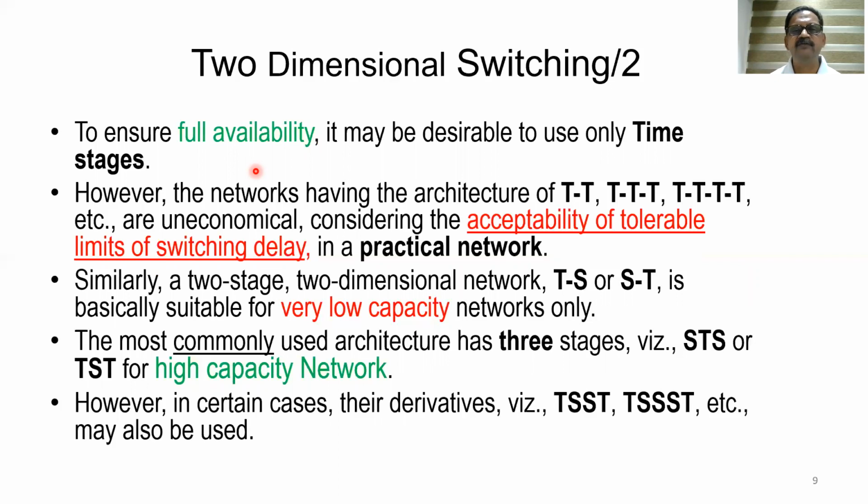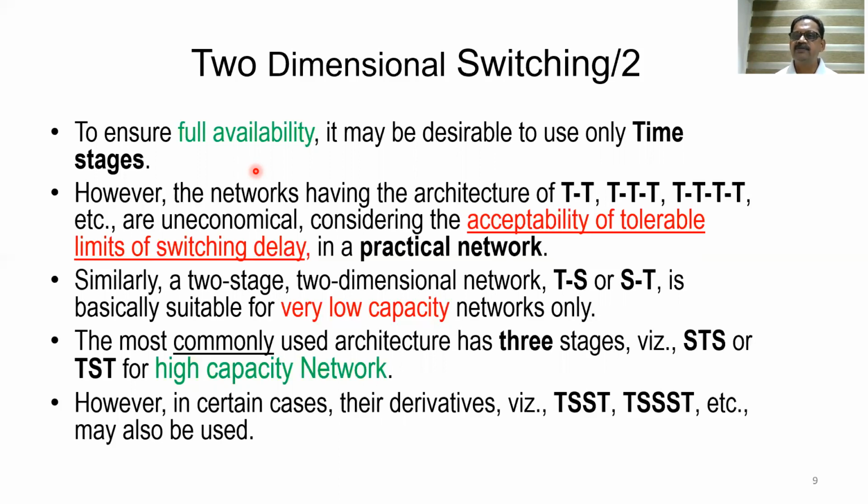However, networks having an architecture like 3Ts, time stage, and another example, 4Ts, that is time stage, etc., are uneconomical, considering the acceptability of tolerable limits of switching delay in a practical network. So earlier we discussed the worst scenario of delay in a time switch.